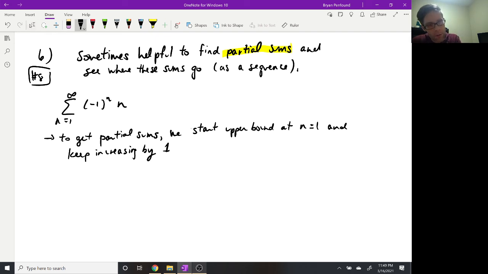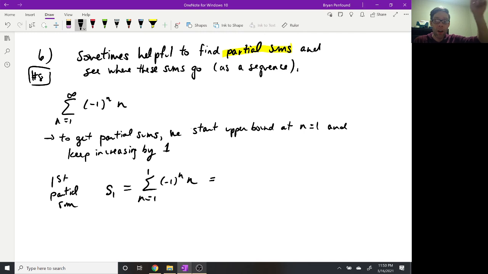So for example, our first partial sum, we're going to call this S1, and S1 is defined to be the following expression. We're going to use the same upper bound as the lower bound, so we only have one term to think about, and that is the term that we get from subbing in 1 into this formula. So that's going to give us -1.